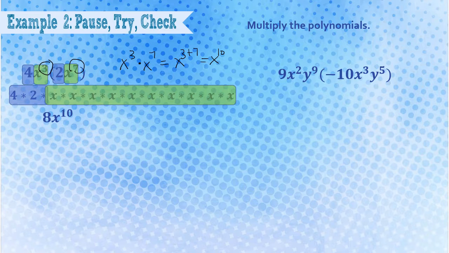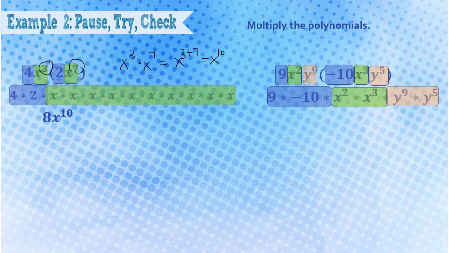All right, in this next example, I have 9 times x squared times y to the 9th, and that's all times negative 10 times x to the 3rd times y to the 5th. Again, we're going to go ahead and color code. So we have our coefficients out front, 9 times negative 10. I've got my x terms, x squared and x to the 3rd. And then lastly, my y's, y to the 9th and y to the 5th.